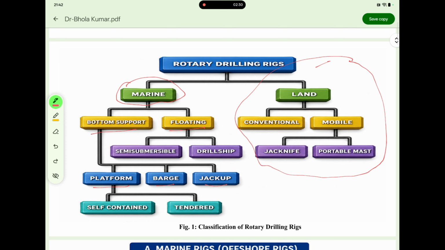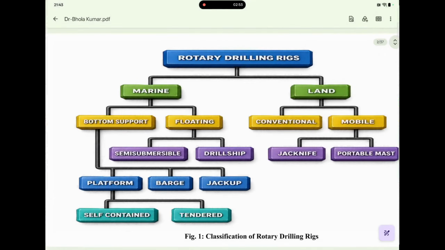And the floated type is further classified into submersible and the drill ship. If you go to the further classification, there is the self-contained and the tender type. We will discuss this in detail, so don't worry about it. Okay, let's move to the next slide.